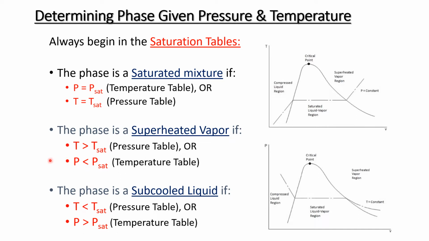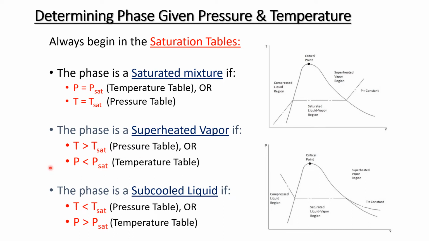Well, let's apply it. So I'm going to start with my imaginary sphere of saturated mixture. And let's say that I find the temperature of the substance is greater than the saturated temperature. Well, a higher temperature is going to expand my sphere and flash the mixture into a vapor. So that higher temperature tells me it's a superheated vapor.